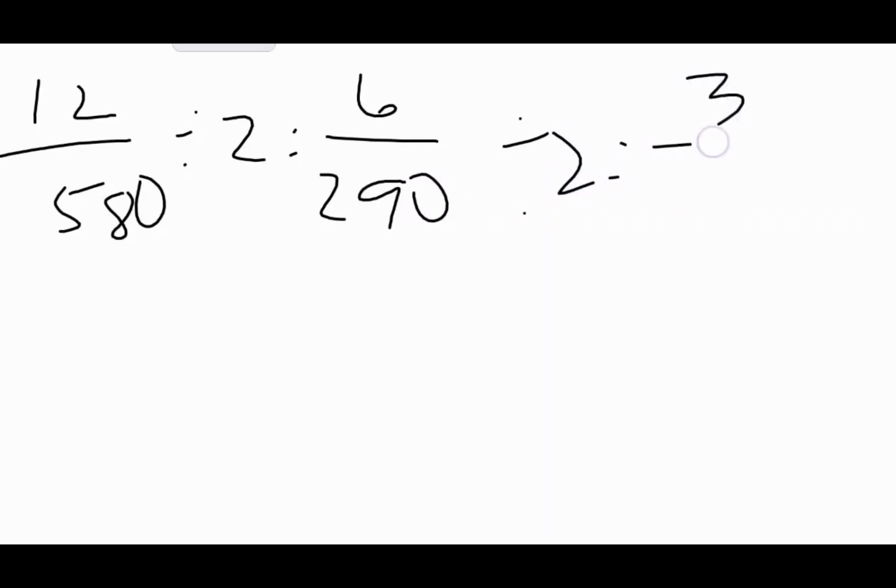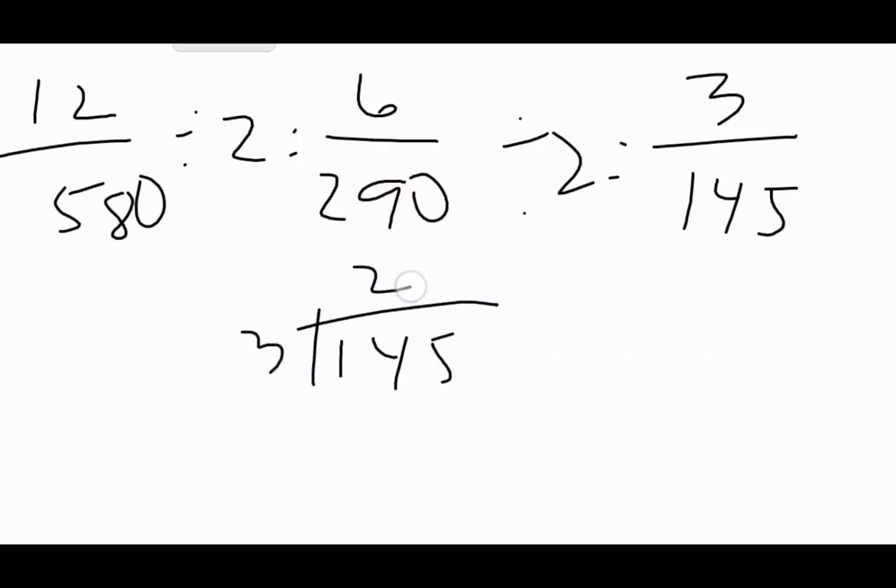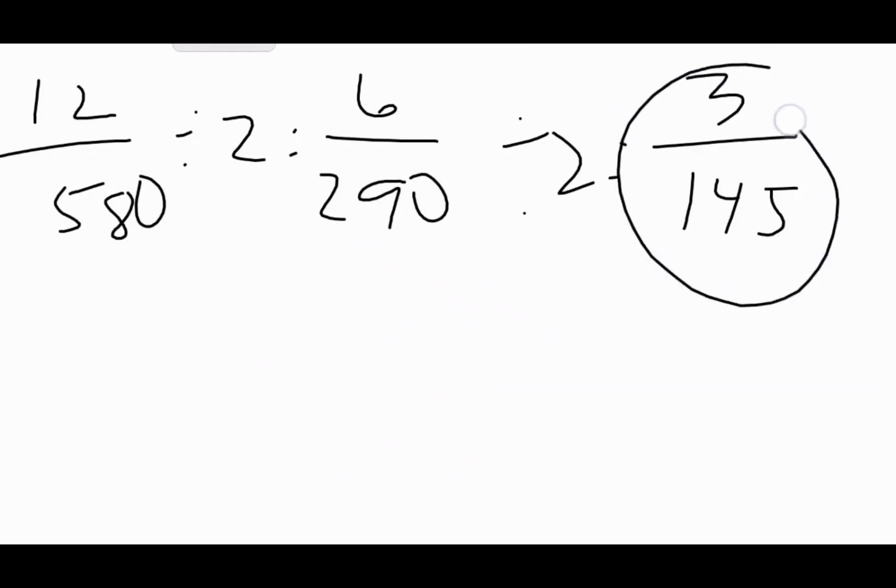That's 3 over 145. So, i-check na nato kung ang 145 divisible ba siya by 3. It's 1, 4, 5, that's 10. So, di siya divisible by 3. So, this is already the simplest form. And this is the final answer.